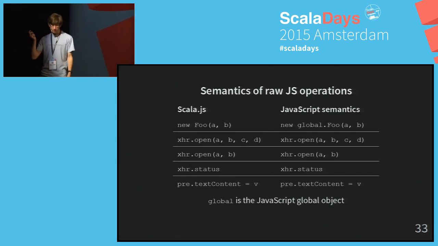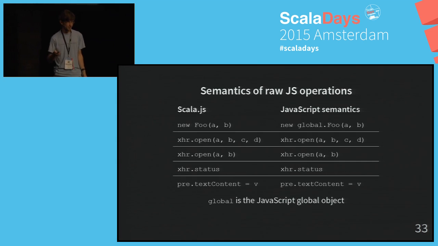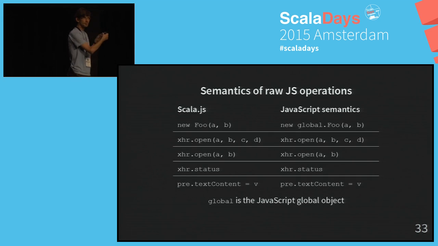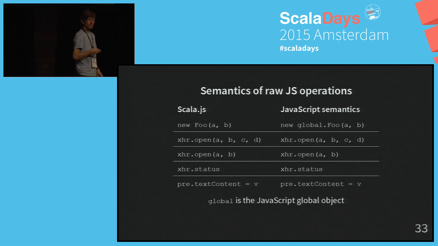But if it's a js.Any class, or how we call them, a raw JS type, then that means, in terms of the semantics of JavaScript, that you're selecting from the global object of JavaScript the member Foo. You expect that to be a constructor function, because in JavaScript, a constructor is actually a function that will create your object. And I pass in the arguments one by one.